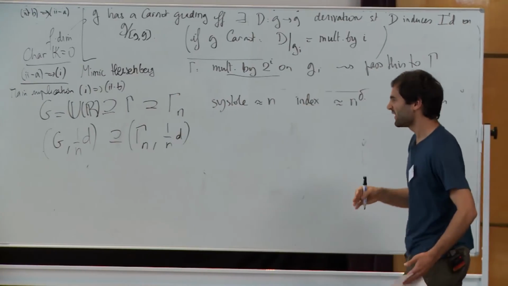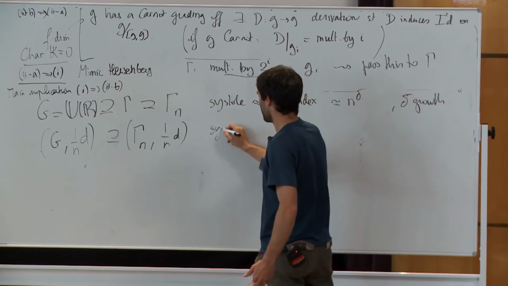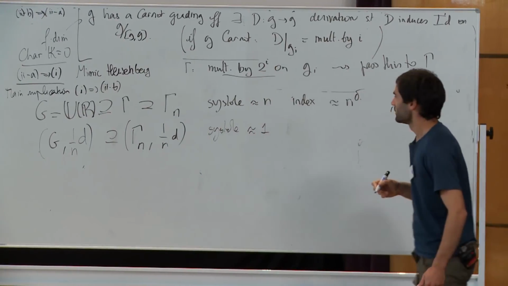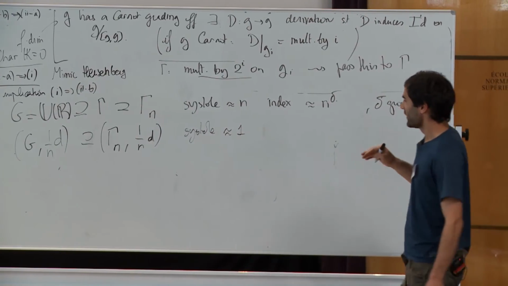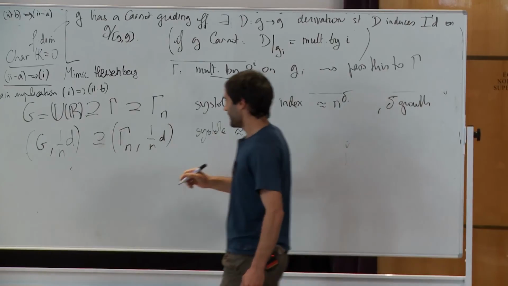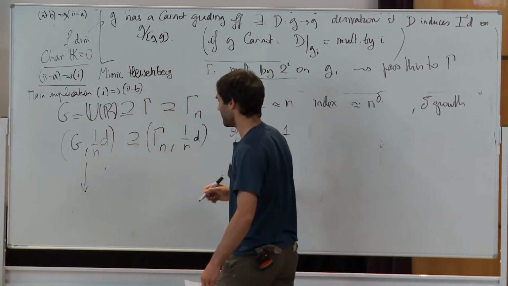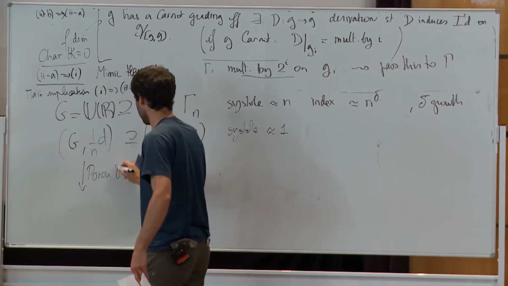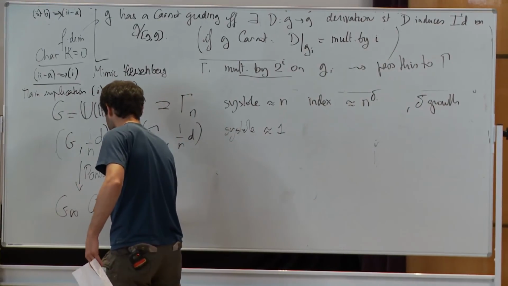I have a group which is now the same group, but which is rescaled at each step. The systole is now about 1. Index, I don't care. Now I use this sequence of spaces, which by Pansu's theorem converges to some G infinity, which is a Carnot group.